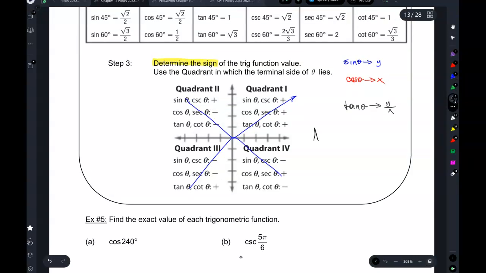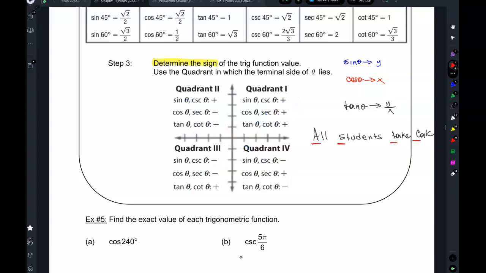The mnemonic is all students, these things don't have to be correct statements. They just have to work. All students take calculus. So we look at ASTC. All students take calculus. Now, if you go here, in this quadrant, they're all positive.